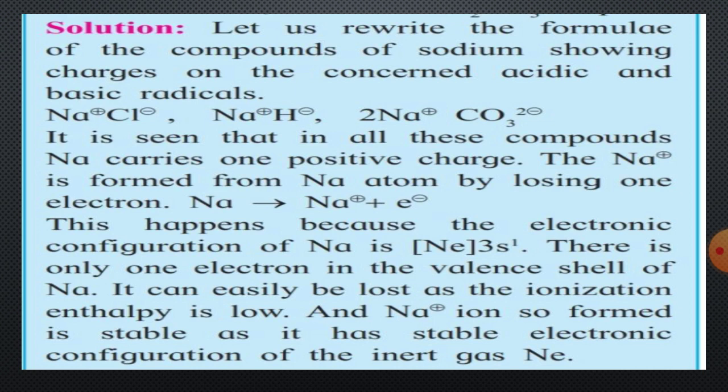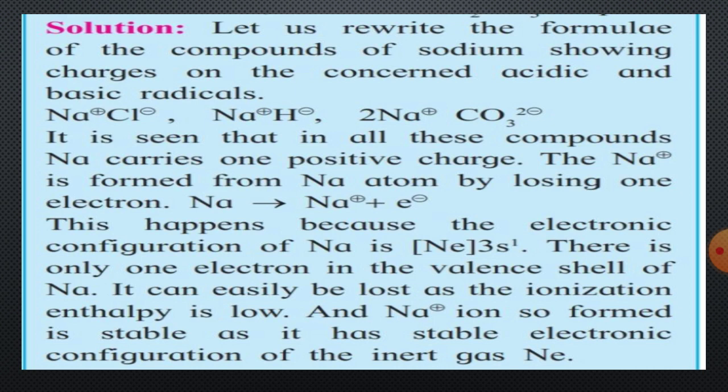Fine. This happened because of the electronic configuration of Na. What is the atomic number of Na? The atomic number of Na is 11. Fine. So here we are writing down the condensed electronic configuration: neon means 10 electrons have been done. Okay, then what is there for the 3s1? So this is the condensed electronic configuration, Ne 3s1.